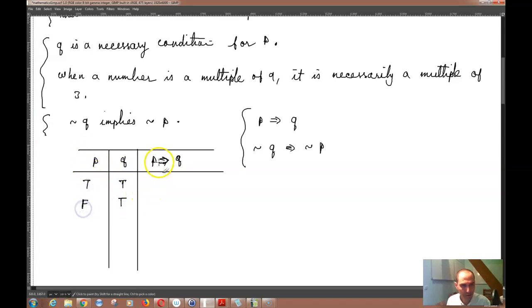In both cases, P then Q is going to be true, which is the case here. Now, when Q is false, you're going to get a false here if P is true. Otherwise, if P is false, you're going to get a true here, right?